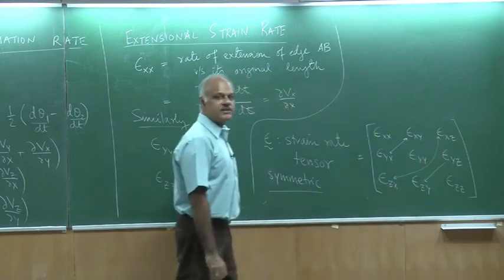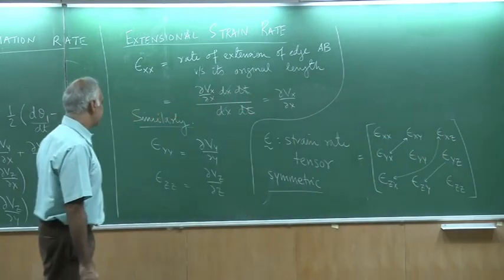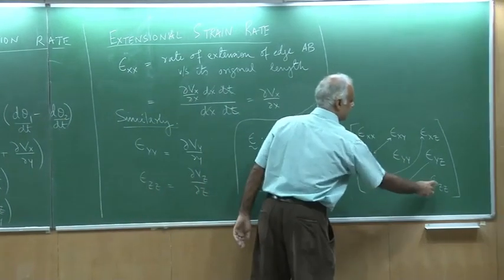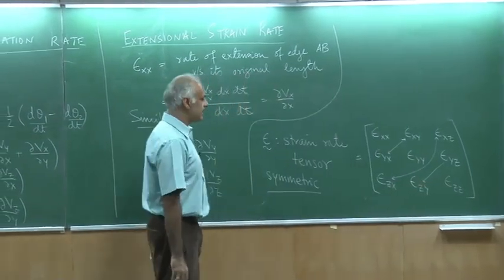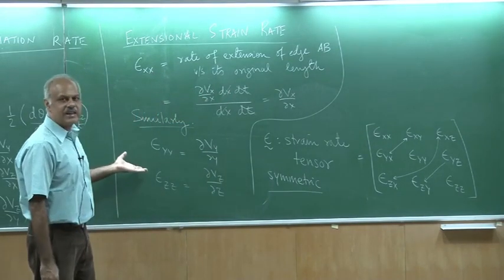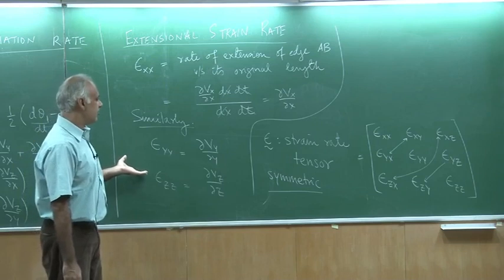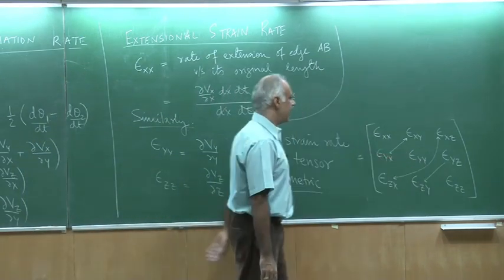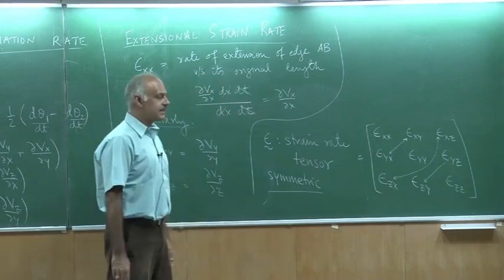So, we are left with 6 quantities, which are 3 extensional strains, these are also called direct strains, and 3 shear strains. When I say strains, I actually mean strain rates. So, 3 are the direct strain rates and 3 are the shear strain rates.